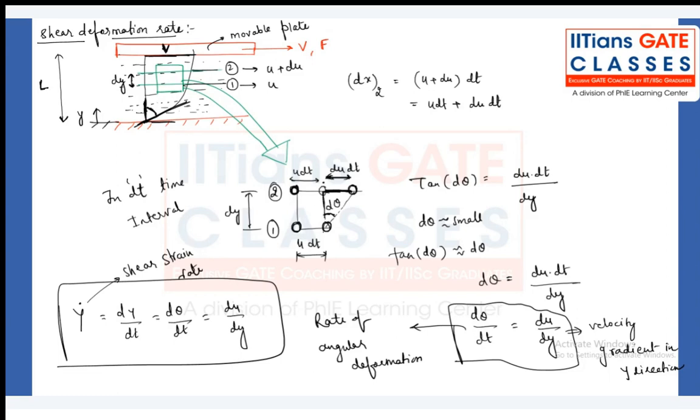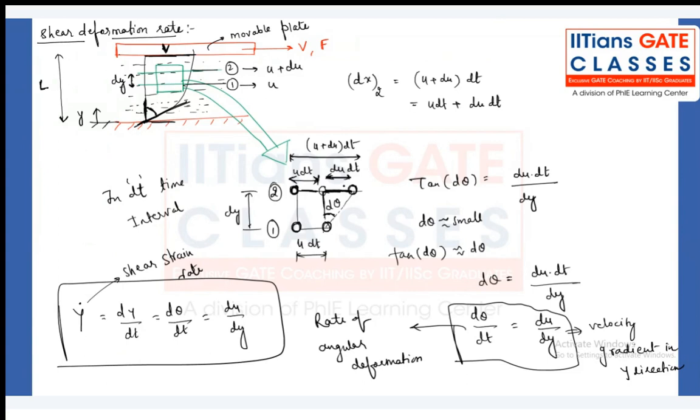Now, there is some difference of velocity between particle 2 and particle number 1. This is the total distance, u plus du dt. Already u dt is this much. So what is the extra distance?